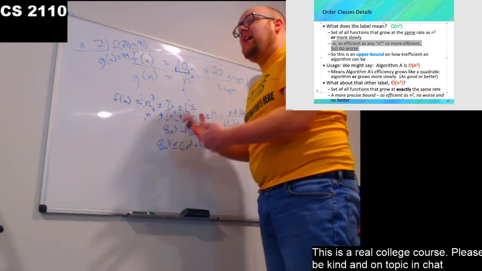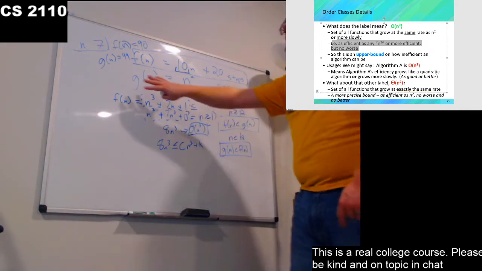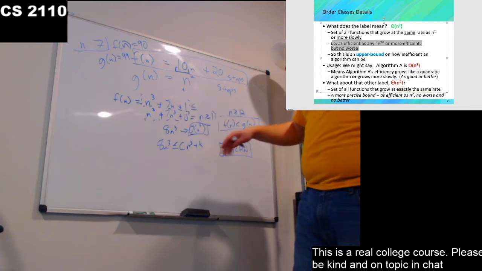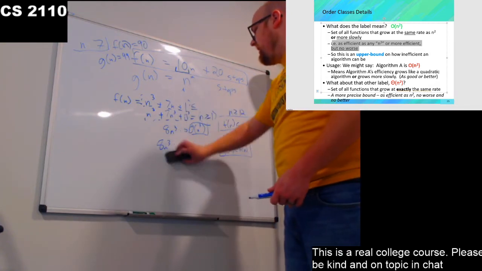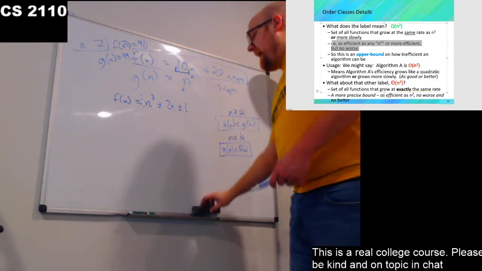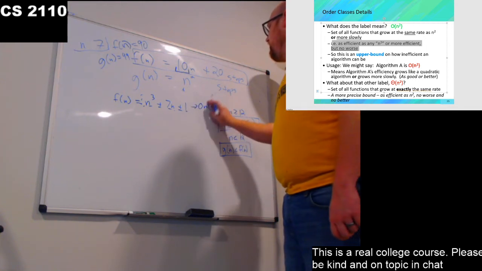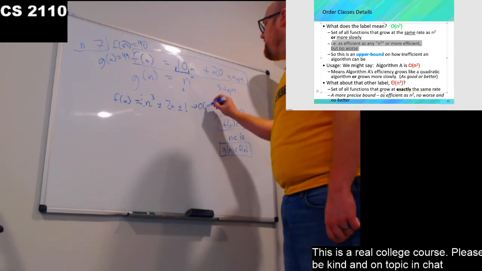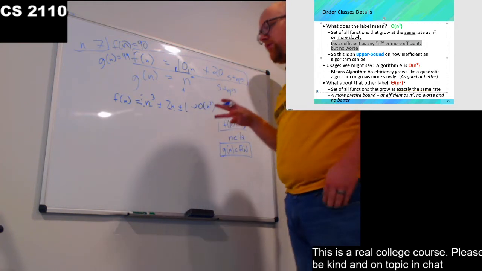Yes, you can take that shortcut, but this is the mathematical underpinning of that. I'm not going to make you do this on an exam. I will, however, make you look at a function and say, yeah, that's O of n cubed. I just want you to understand that there is a mathematical underpinning. You're not going to need to know it in this class, but it's worth knowing.